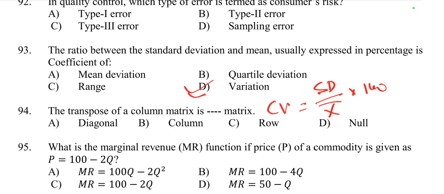It measures relative variability and is useful for comparing the degree of variation between different data sets, even if their means differ. So it is called variation, option D.